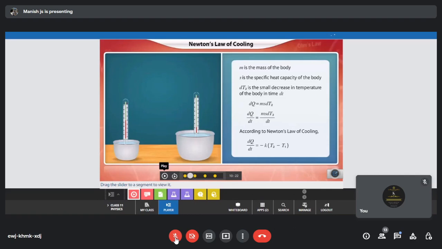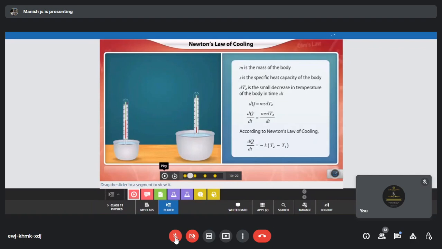We can relate it to Newton's law of cooling, that relationship was minus k into (T2 minus T1), where k is a constant that depends on the area exposed as well as the material that is losing its heat. So if you equate the two equations, what relationship will you get? You will get ms dT2 by dt is equal to minus k into (T2 minus T1). So equate both the equations, that is what you will get.